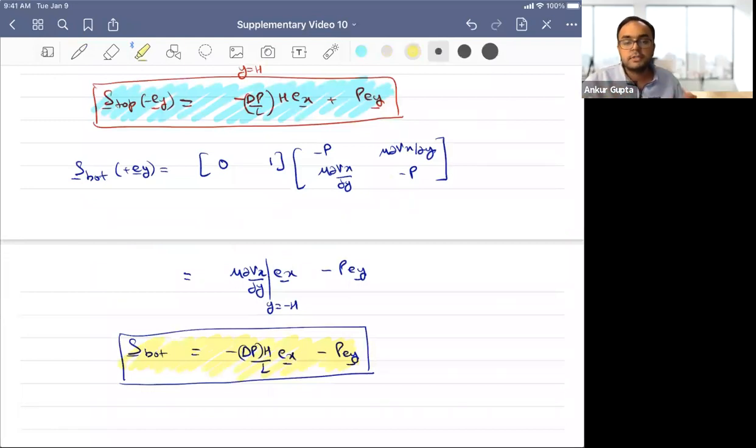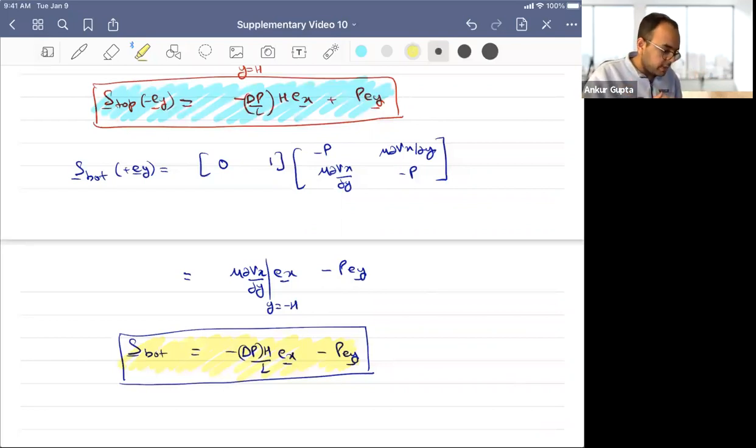Basically, the pressure force is opposite, whereas the tangential force is in the same direction, which kind of makes sense because the shear stress should be the same on the bottom and the top plate because it's symmetric flow. So that's why they do come out to be the same in the x direction. And again, we have just automatically used the formula, and the directions all come out to be consistent.